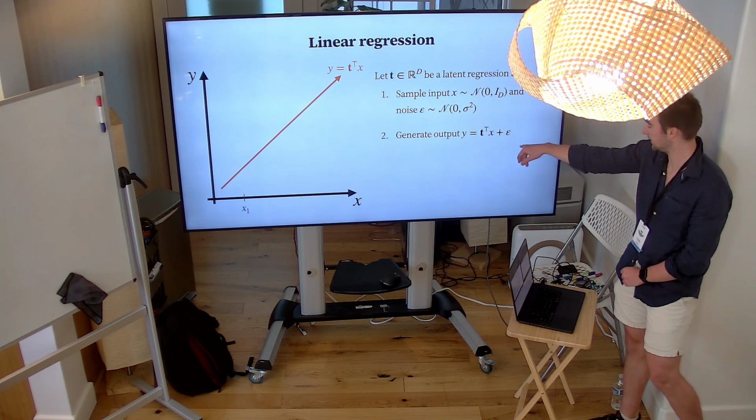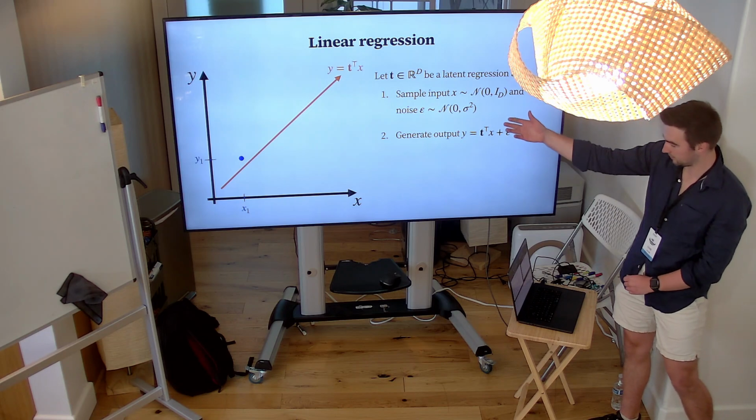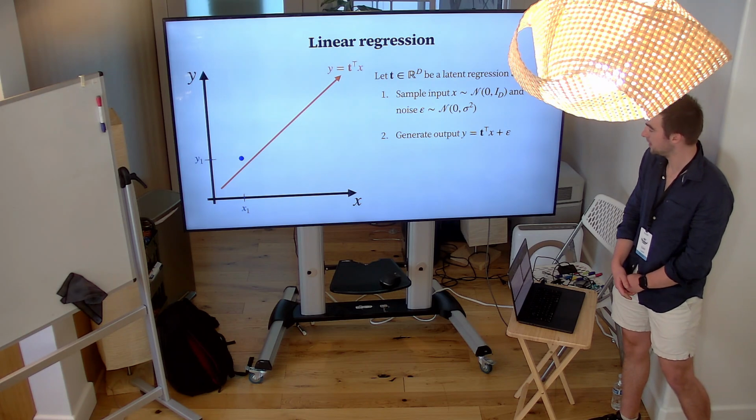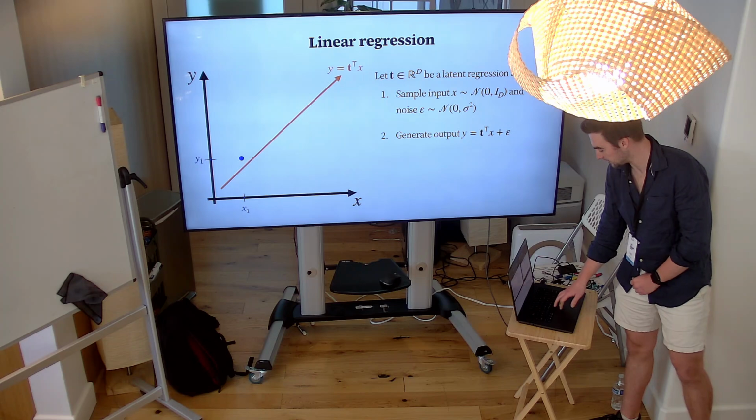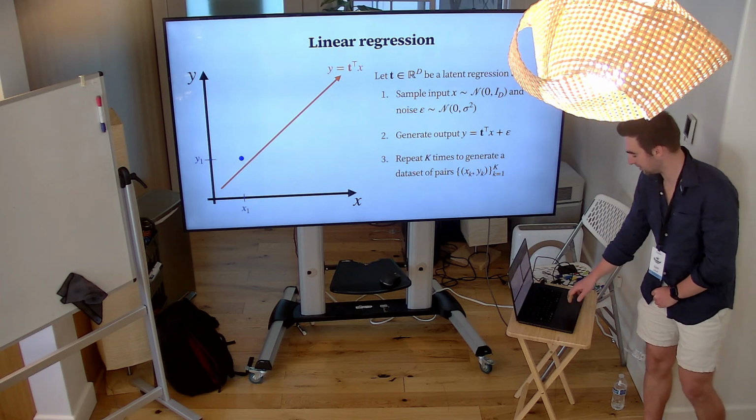So the task times x plus the noise. That of course gives us a y value there. And then we can do this k times and generate a data set of pairs.